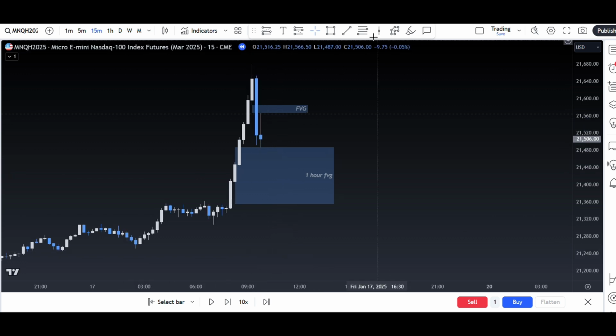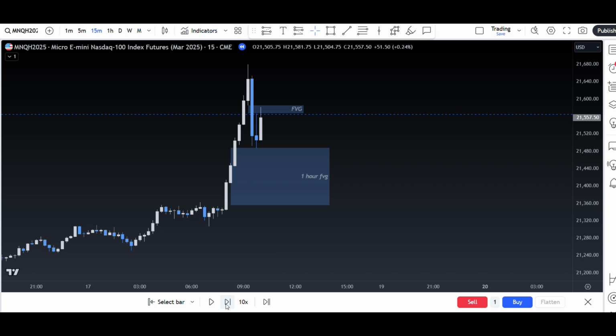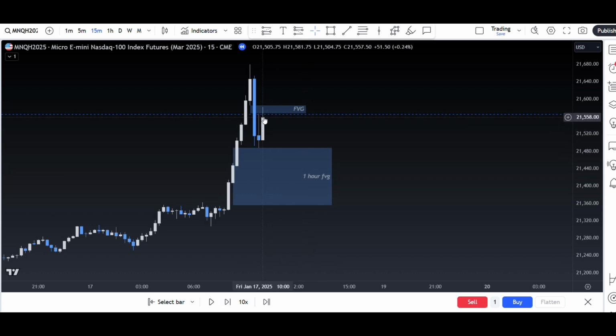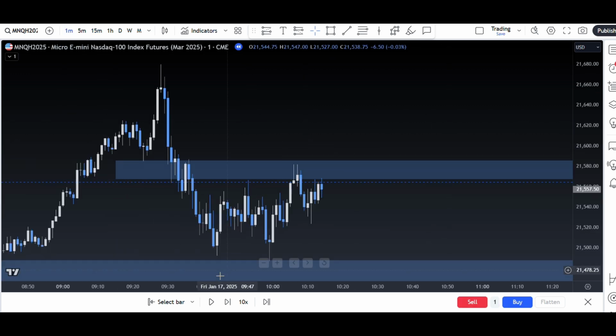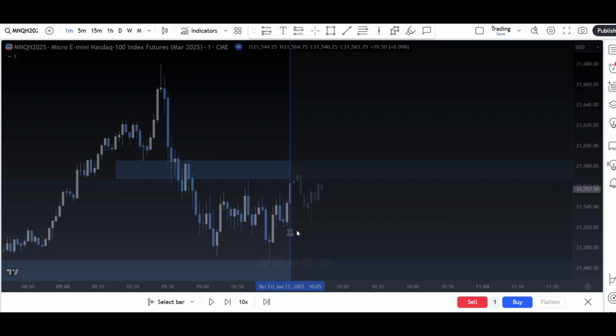So as you can see here, this is the 10 o'clock area. Price opened at 10, came into the fair value gap. As soon as price comes into that fair value gap, I'm looking for trades, and my entry is on the 1 minute chart in this scenario. So we're going to look at this.